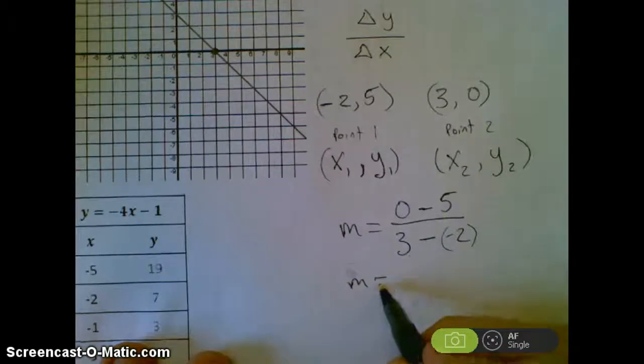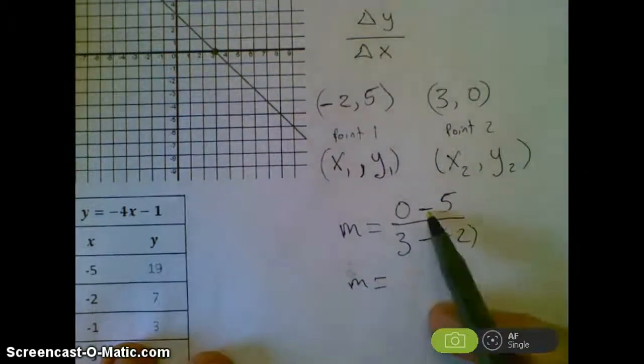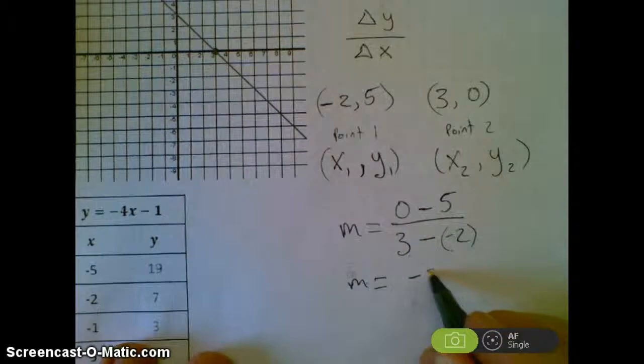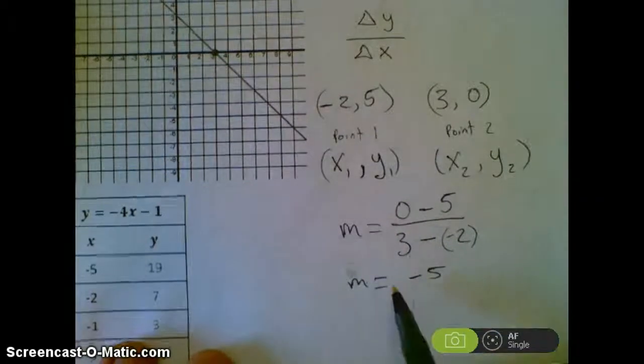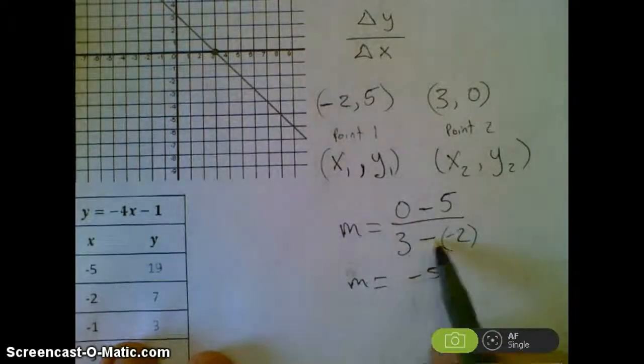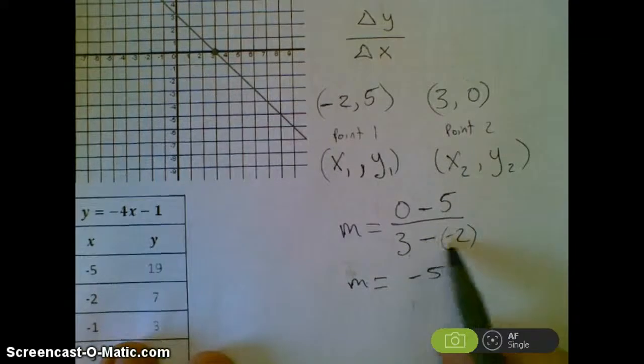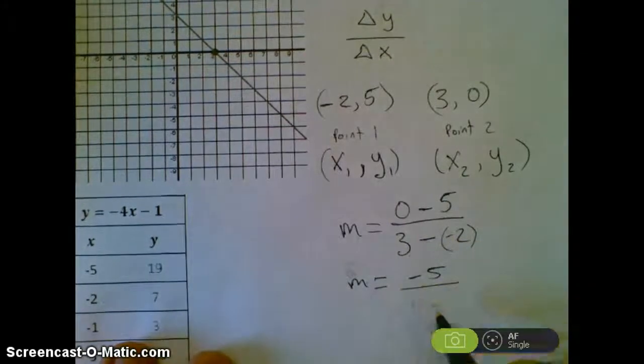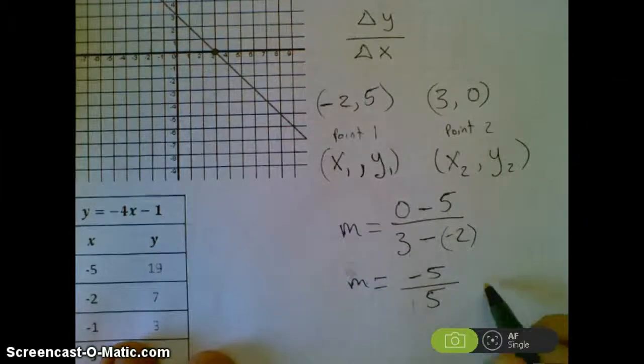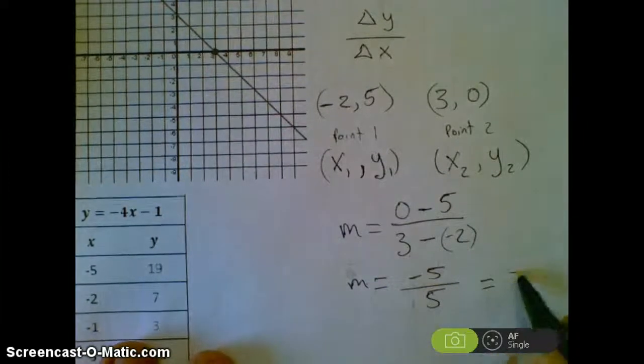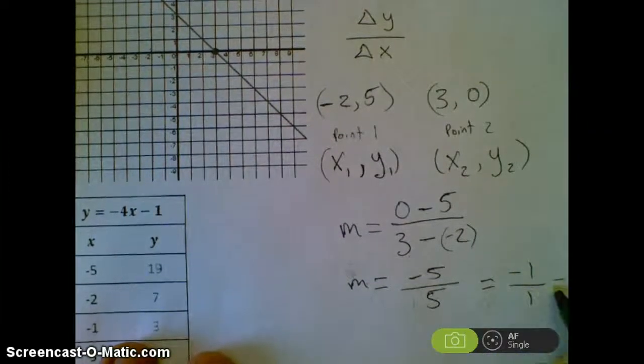So now I simplify. I get the slope equals, well, 0 minus 5, that's negative 5. 3 minus negative 2 is the same as 3 plus 2, so that's negative 5 over positive 5. And I can simplify that to be negative 1 over 1, or just negative 1.